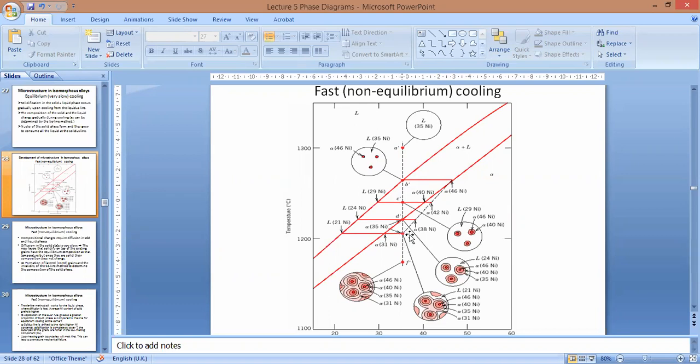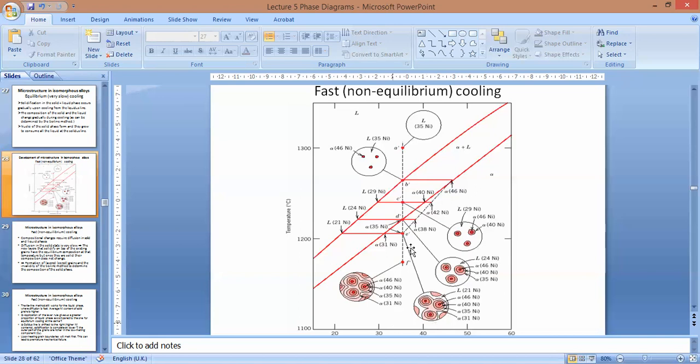By the time you reach E, remember, E is a point in the solid phase. So your metal here is completely in solid form, and you just have another layer there. By the time you come to F, you basically have more and more layers of the same. Some nucleation is forming at some point, but not much.